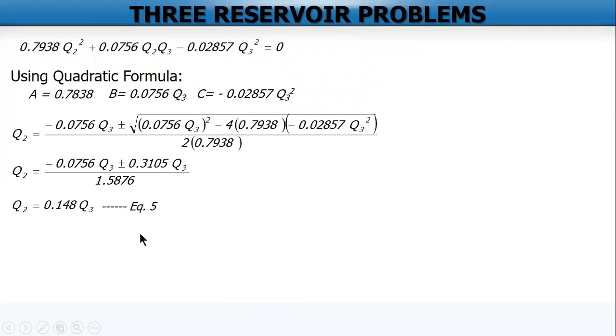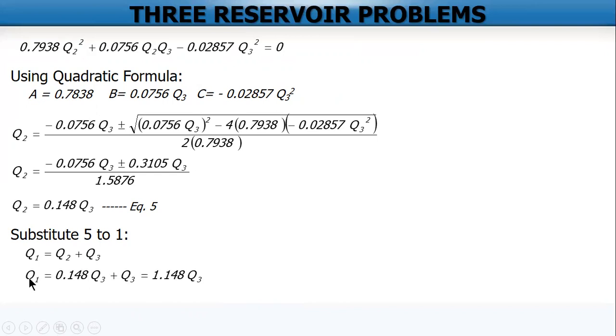And then if we'll go back to equation 1, muna to equation 1, Q2 plus Q3. I-substitute na to ni Q2 dire, and nasa tayo Q1 in terms of Q3. This one. This will be our equation 6. Okay.